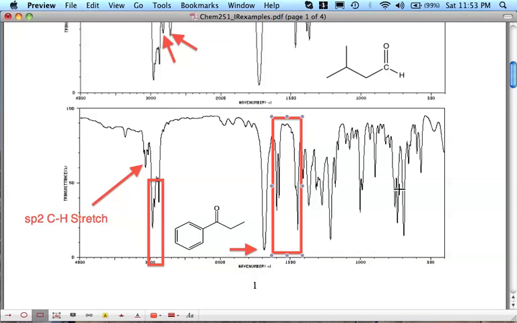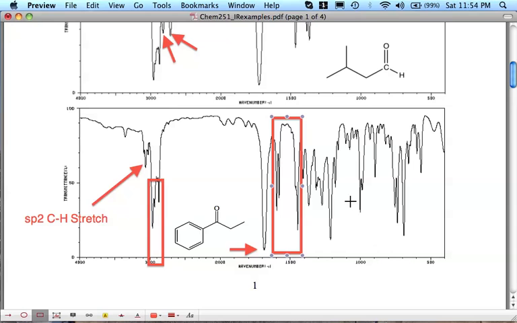Obviously, you can see a lot of peaks here. In fact, I read one book where they said it's almost easy to tell if you have an aromatic versus not aromatic IR by just looking at your fingerprint and seeing if you have a lot of peaks. Now, I don't think I would go that far, but there are a number of different vibrations that come from the aromatic ring.